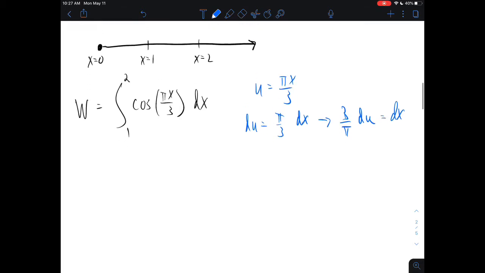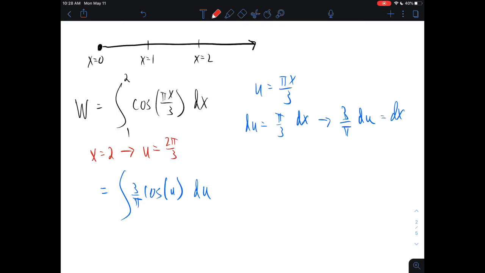So that means in my integral, I'm going to replace cosine of pi x over 3 with just cosine of u. I'm going to replace dx with du at the end, with the constant 3 over pi at the beginning. And while I'm at it, I should replace my limits of integration. When x is equal to 2, u is equal to pi times 2 over 3, so that's 2 pi over 3.